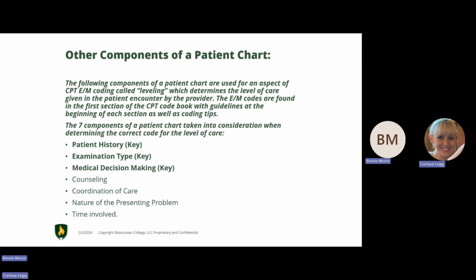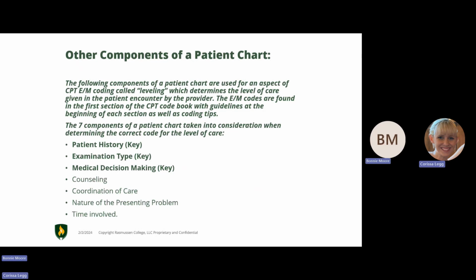So those are the 3 top key determining factors when doing that E&M code. Those also tend to factor into the time. The more complicated, the more patient history, the more involved the examination, obviously, the longer the time. And that's going to impact the leveling of the code.